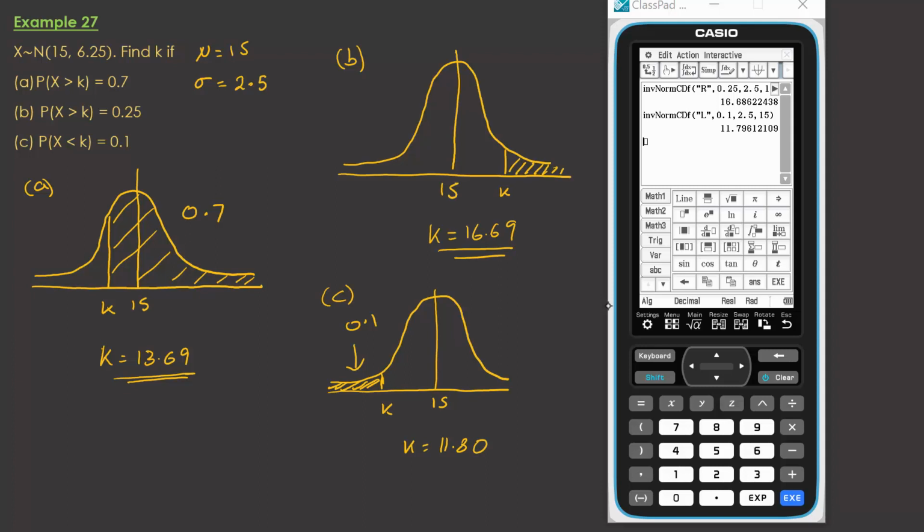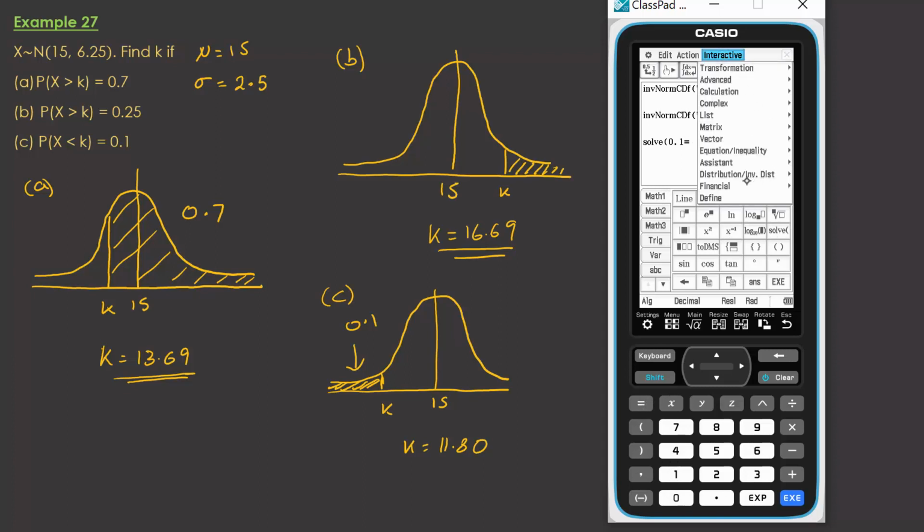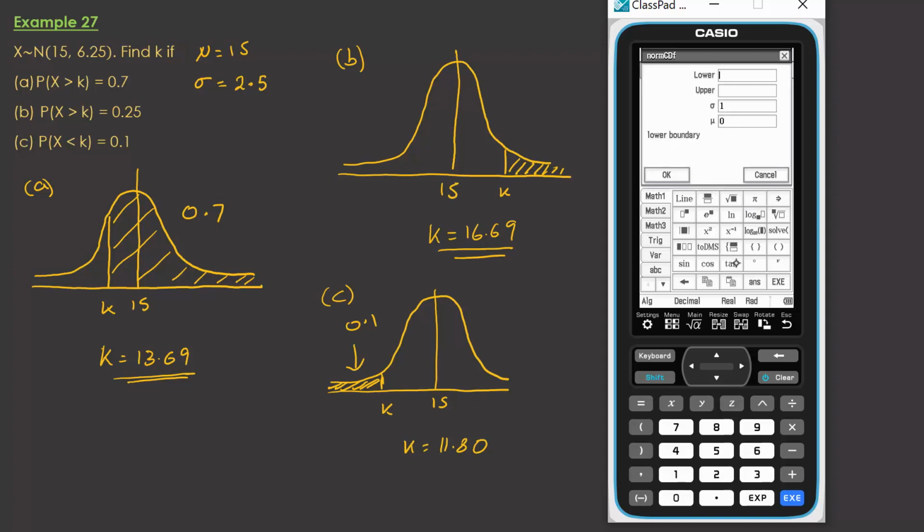Now, alternatively, we could find that using a normal CDF. What we could do is we could go for a solve, and 0.1 equals, and then if we go for the normal CDF, the lower here would be negative infinity.